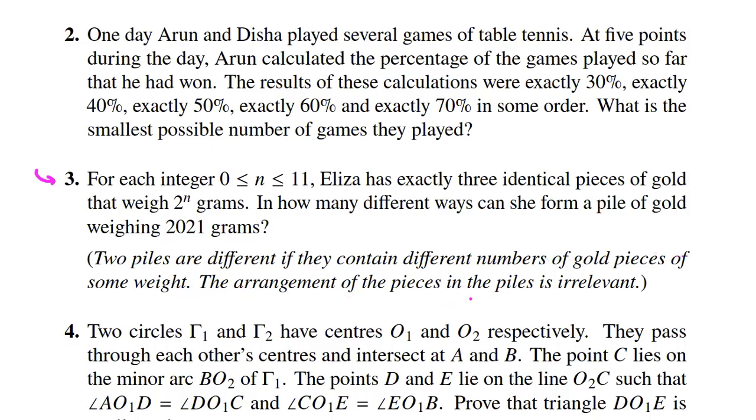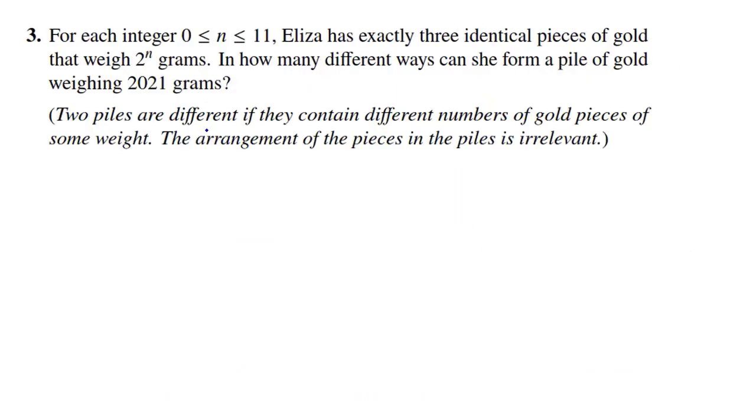The arrangement of the pieces in the pile is irrelevant. Okay, so it means what? It means that we have 3 pieces of 2^0, meaning 3 ones, 3 twos, 3 fours, up to 3 of 2^11.